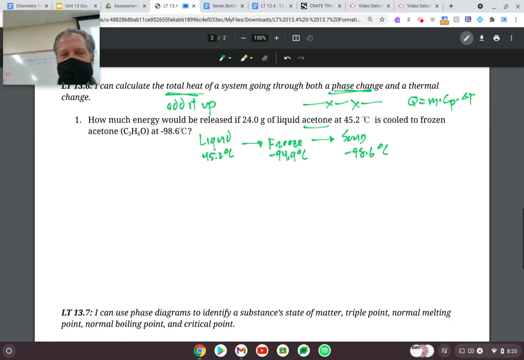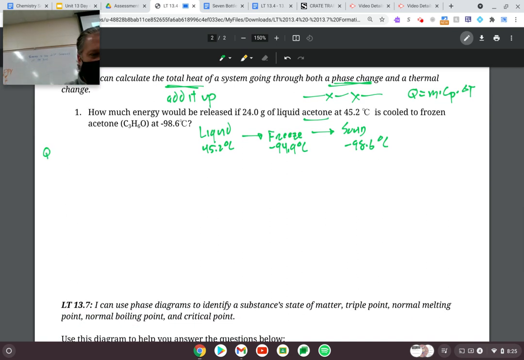So that's going to be my first calculation. So that's going to be Q, mass, specific heat, and change in temperature, which is TF minus TI. So my mass is 24 grams.